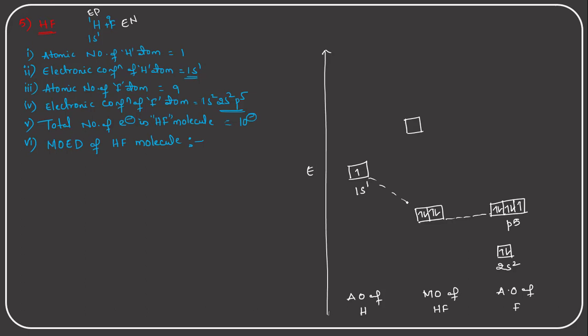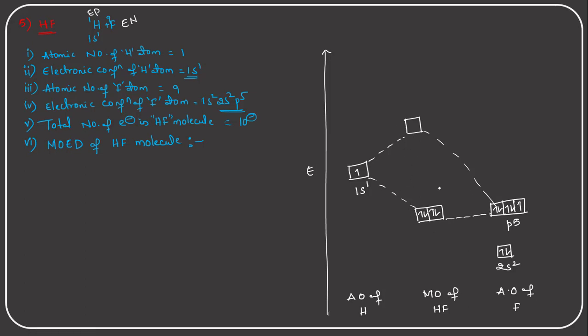And the molecular orbital energy level diagram is in this way. Okay. And total how many atomic orbitals are there? 1, 2, 3, 4. But we have written here only 3 atomic orbitals.